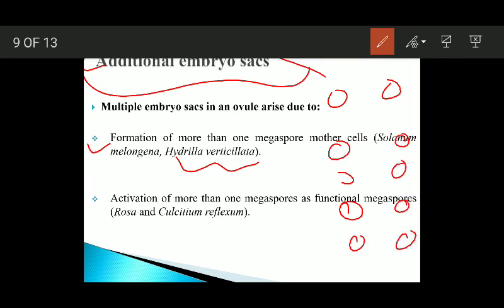And this is another megaspore mother cell. It will divide and result in the formation of 4 megaspores. Now 3 from each set will degenerate, as happens normally. And how many functional megaspores are we having? We are having 3 functional megaspores, and each can give rise to a separate embryo sac.